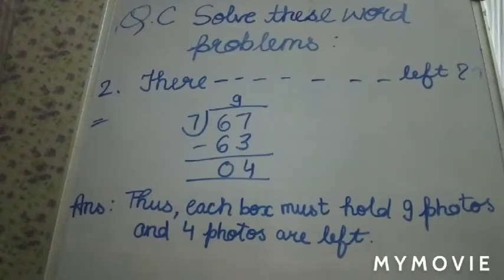When you divide 67 by 7 you will get 9 as quotient and 4 as remainder, because 7 nines are 63. When you subtract 63 from 67 you will get 4 as remainder. Thus, each box must hold 9 photos and 4 photos are left.